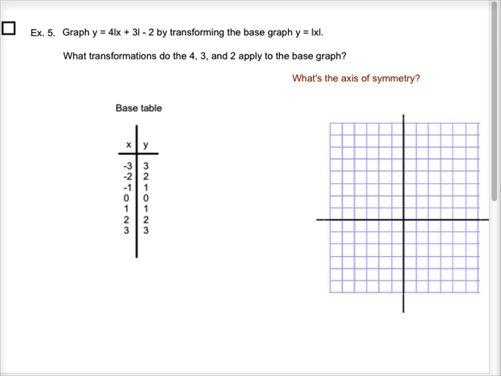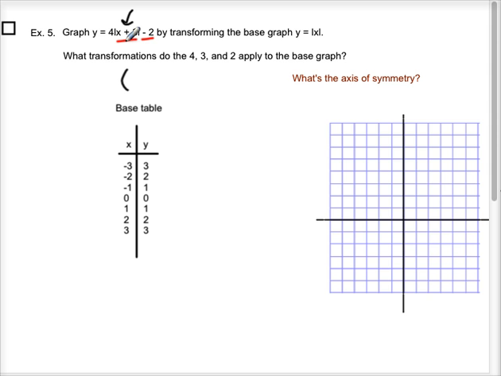So the way to do that, I'm still going to first identify the vertex. And the vertex we identify by the horizontal and vertical shifting. So if I'm looking for that vertex, well, remember, a negative means you're moving to the right, so positive means you're moving to the left.